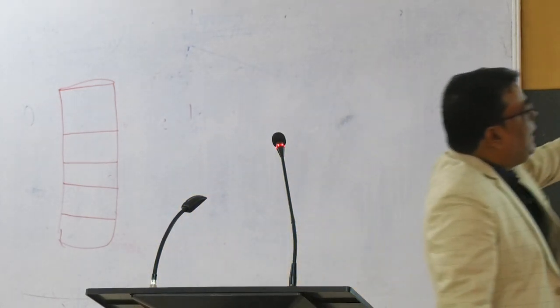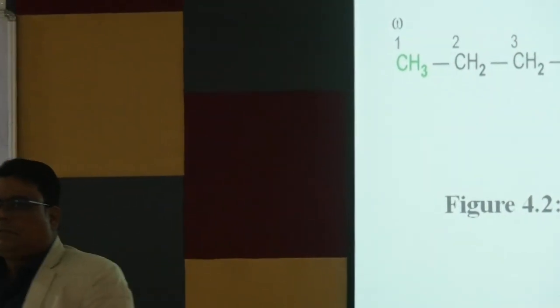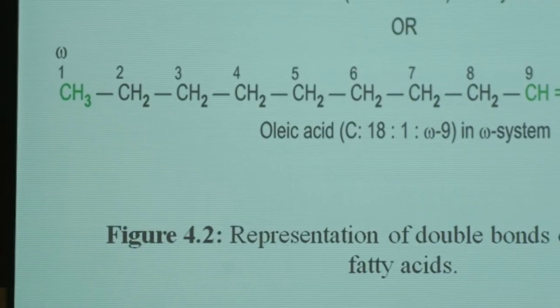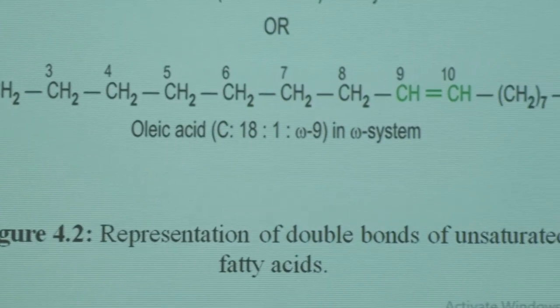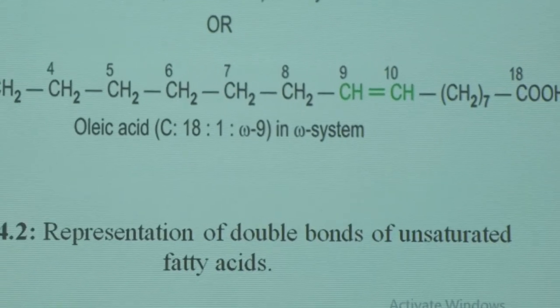This is because it is the terminal carbon molecule. And here the first one is called omega. Why? Because the methyl group is present. So because the methyl group is present, we take the omega carbon from the methyl group. That's why it is first.